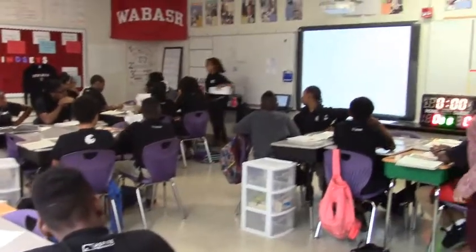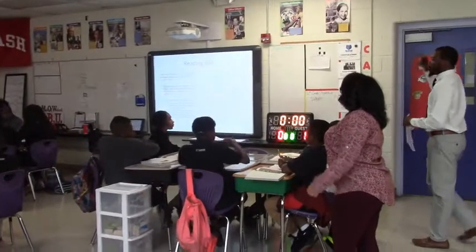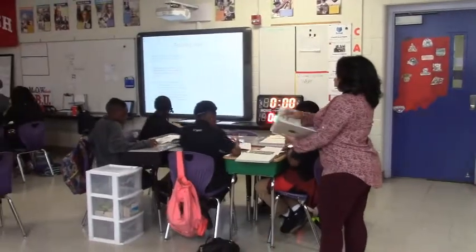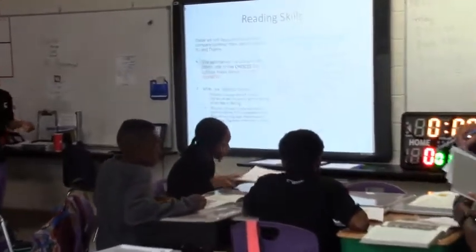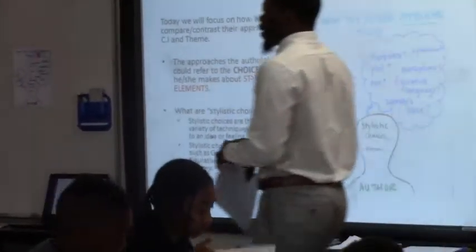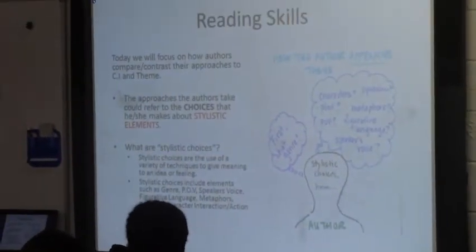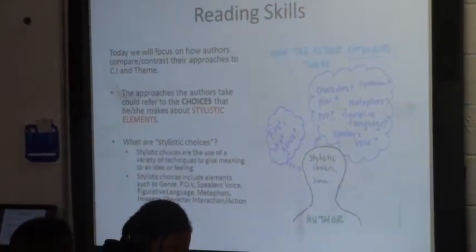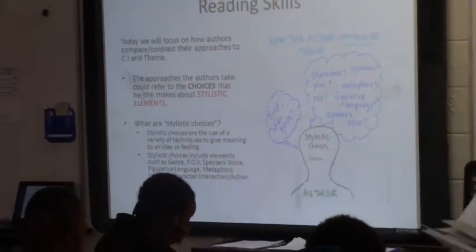So, take a quick second, in your own words, and jot that down on your paper. Rewrite it on your paper. Again, stylistic elements are the author-specific choices that he or she makes about how he or she will write their story.